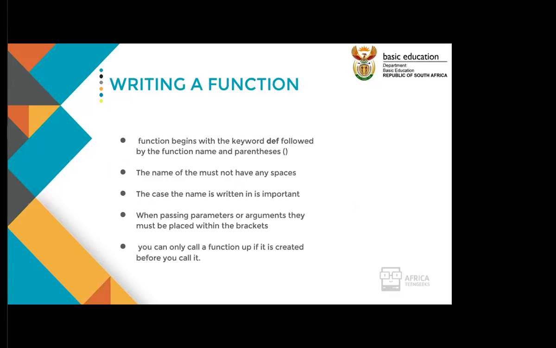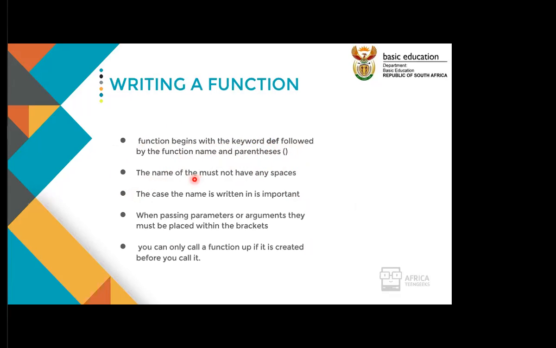When writing a function, there are a few rules or instructions you need to know. Firstly, a function begins with the keyword def, followed by the function name and parentheses. Parentheses means those round brackets. So you must have def followed by the function name and parentheses.